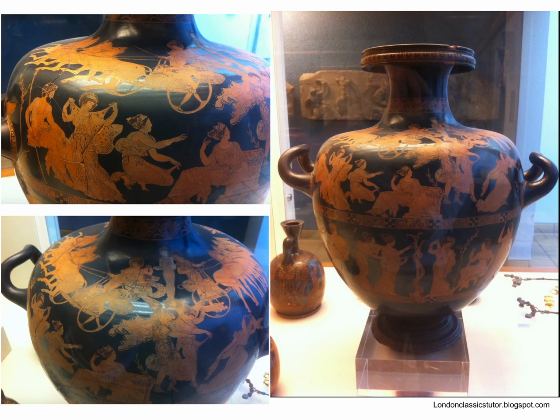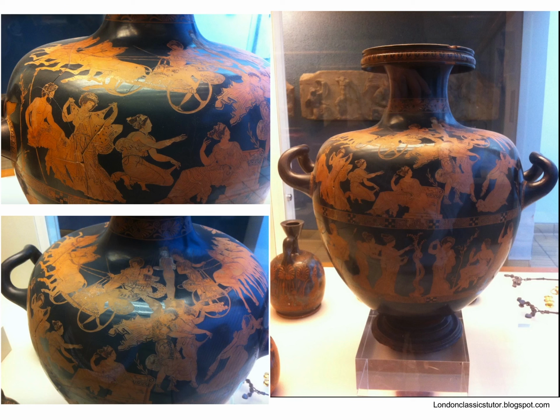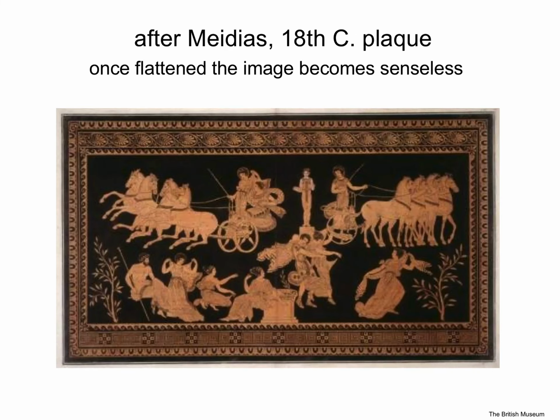And I have another example of that here, of that vase, and this is its composition as an unrolled photograph. And you can see how bizarre it looks in that sense. And even if we were to recompose this as a more or less normal square composition, it would never have the dynamic reality and the convincing presence than those various figures have when they are on a volumetric form, where the complexity of the composition only makes sense on the object itself.